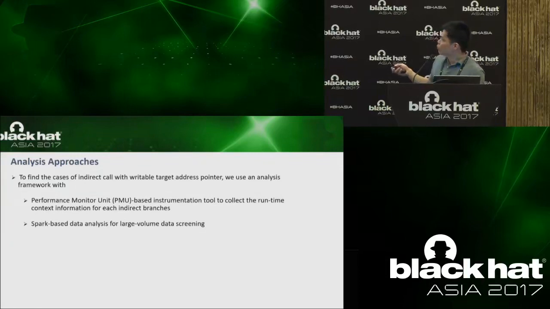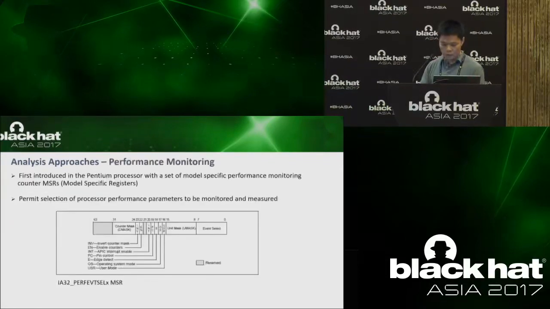This PMU feature was first introduced in the Pentium processor with a set of model-specific performance monitoring counter registers. It allows the selection of processor performance parameters to be monitored and measured. This is an example of the IA32 performance event select register.